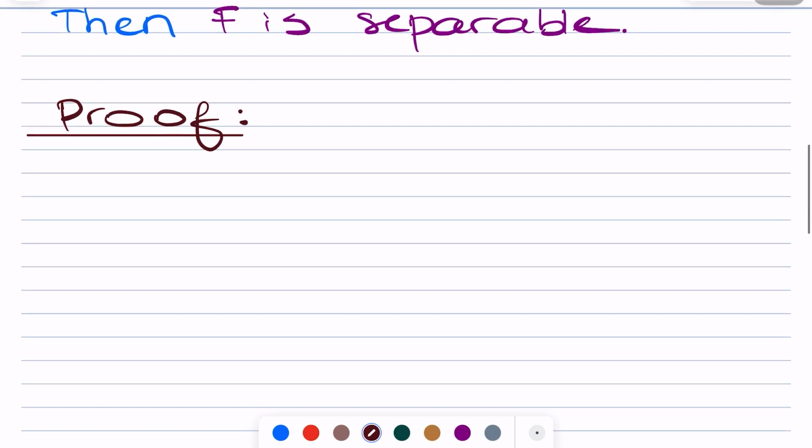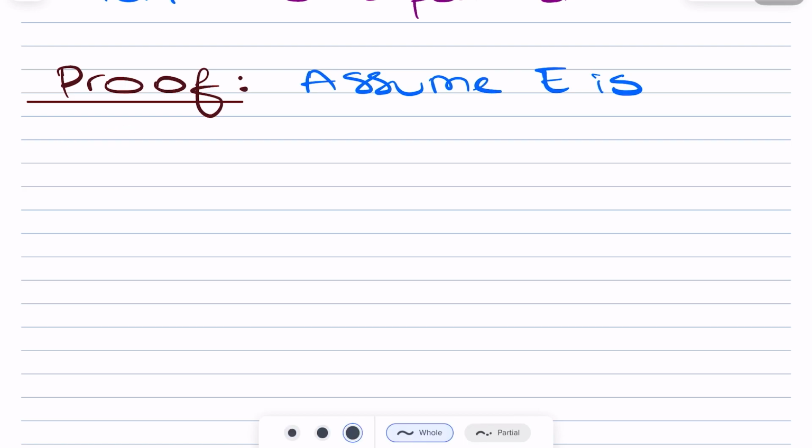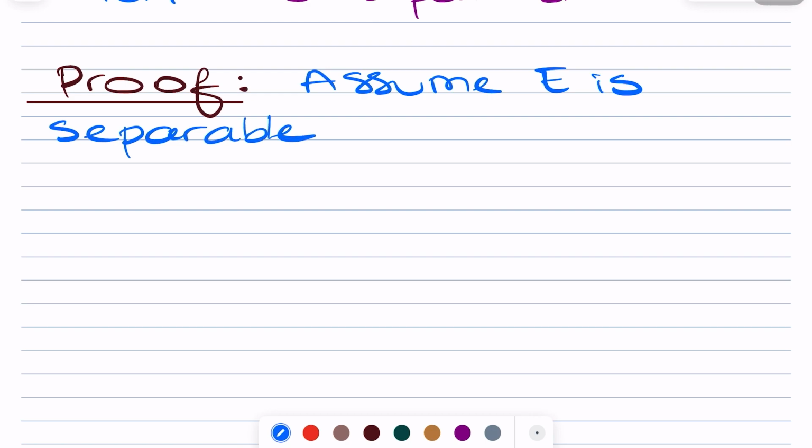Of course, assume E is a separable metric space.